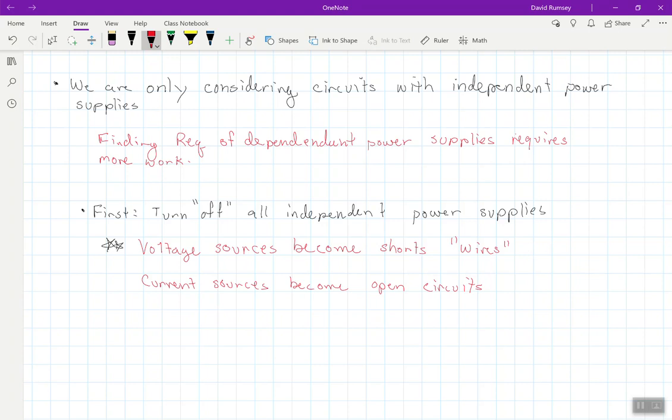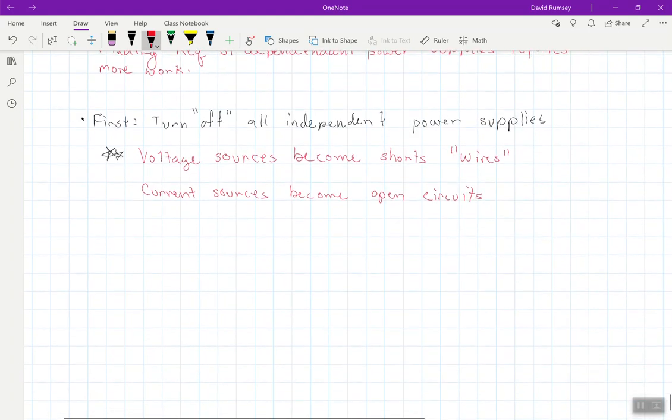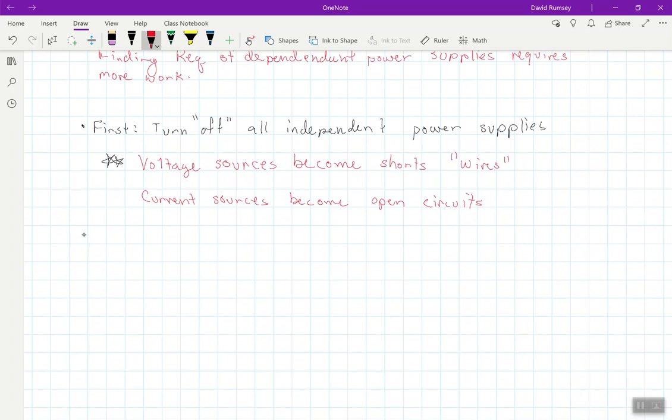And then current sources become open circuits. If we think about why it would be an open circuit, well, we don't want any current to be flowing. We know if we have an open circuit, no current can flow through it. So that's how I can set the current source to be 0 amps. Open circuit. So let's look at a circuit here. Oh, well, that's the first thing. I should tell you the second thing here.